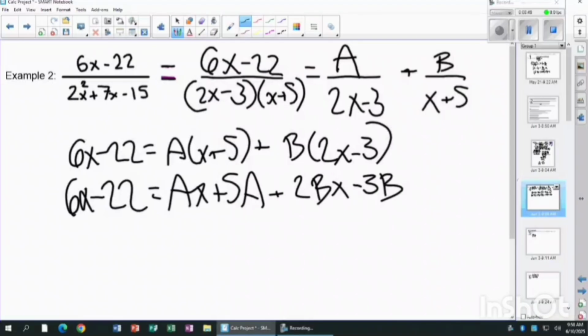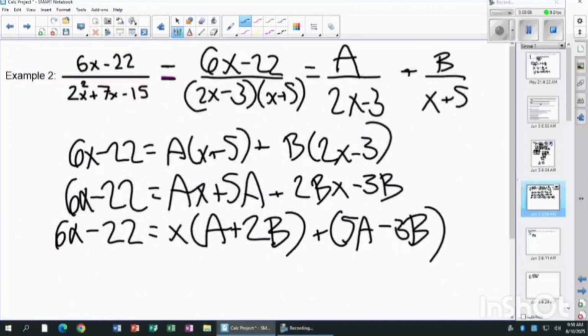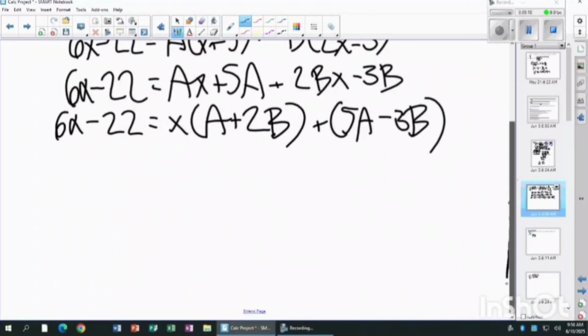So now let's group them in terms of x. 6x minus 22 equals x times a plus 2b plus 5a minus 3b. Okay, so now we have to equate them to the like terms.